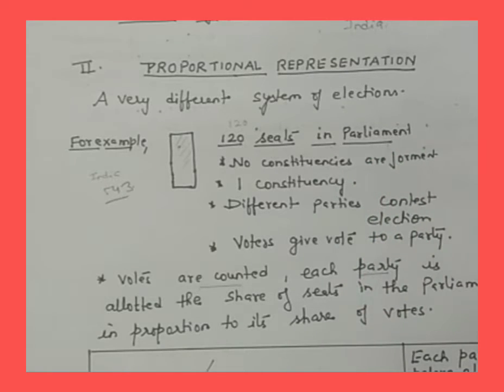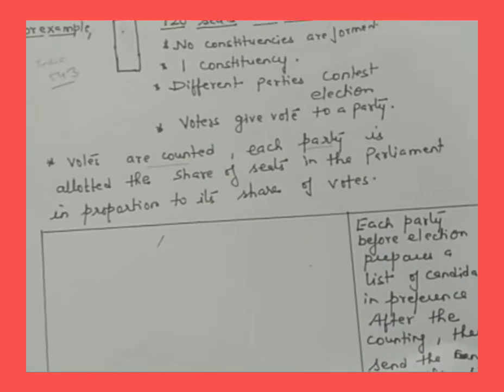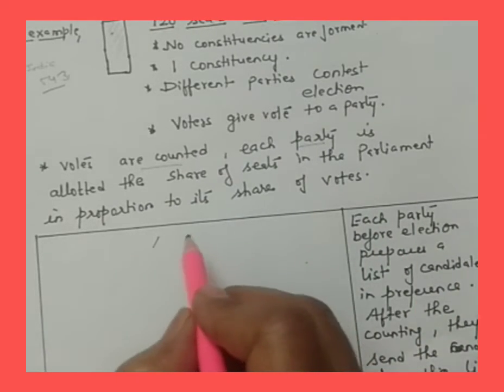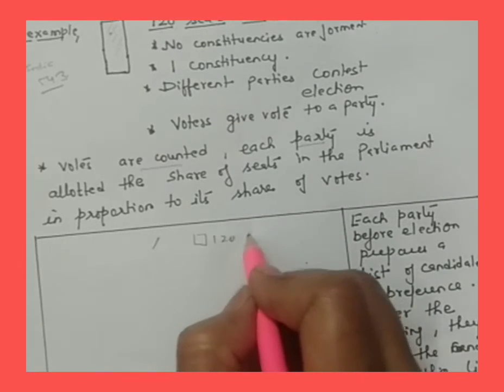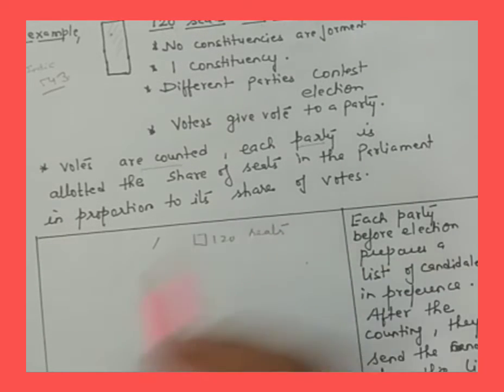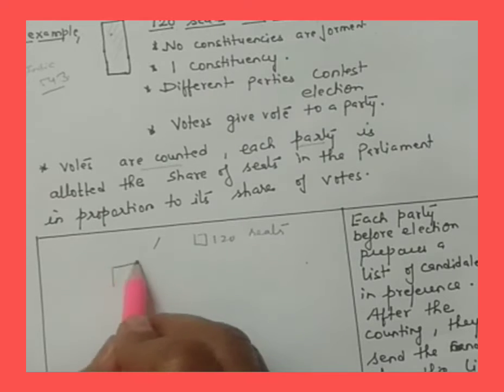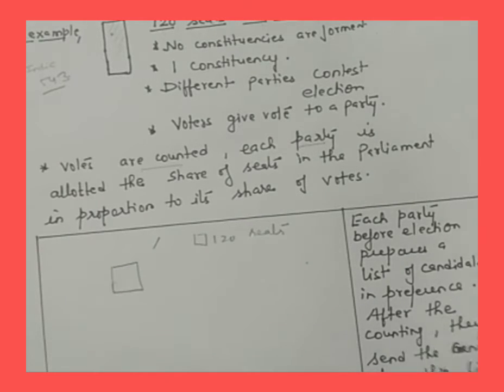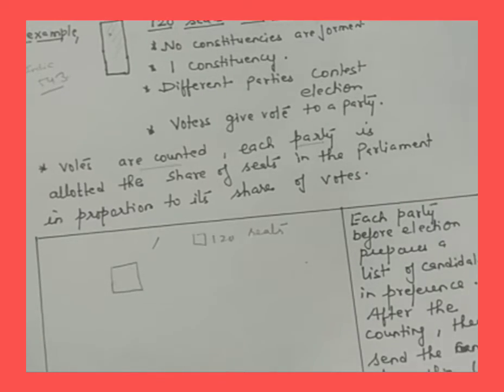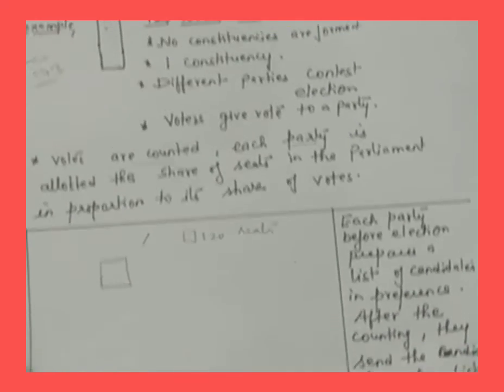Let me explain this with the help of one example. Suppose in a country there are 120 seats. There is only one constituency. The whole country is treated as one constituency. But how many parties are there to contest the election?